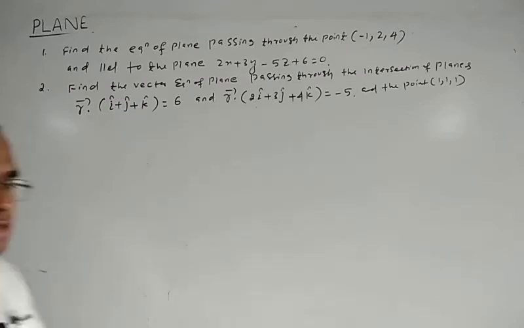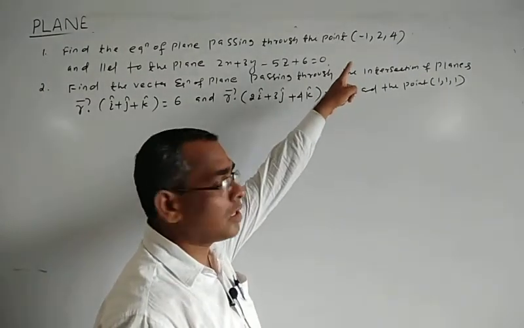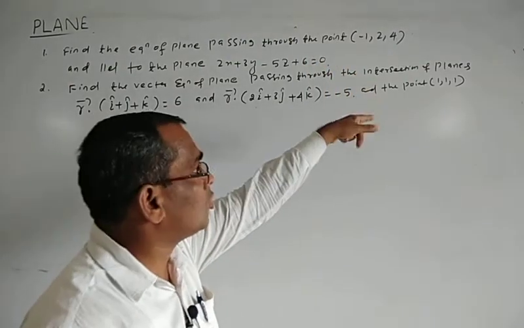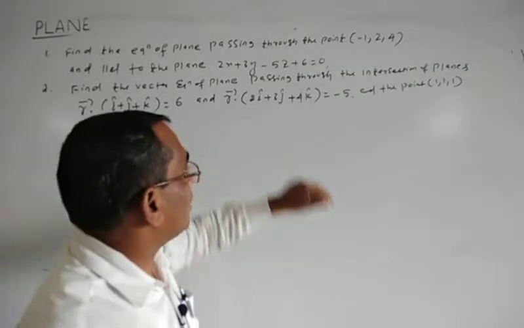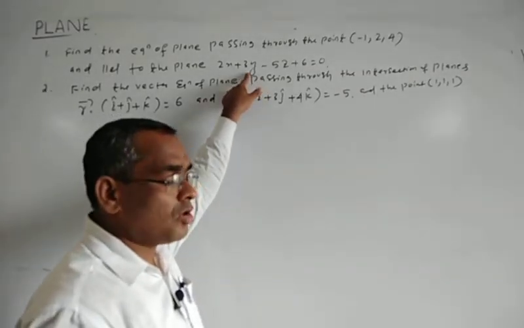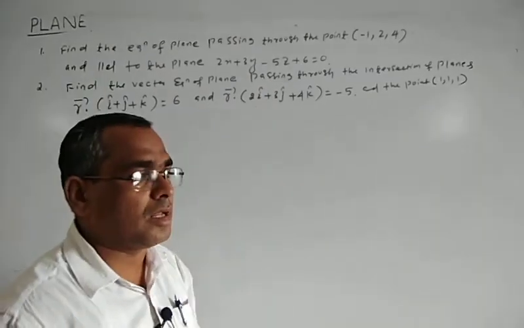Clearly this plane passes through the point (-1, 2, 4), meaning this is x1, y1, z1. Since the plane is parallel to the given plane, it must have the same direction ratios as the required plane.